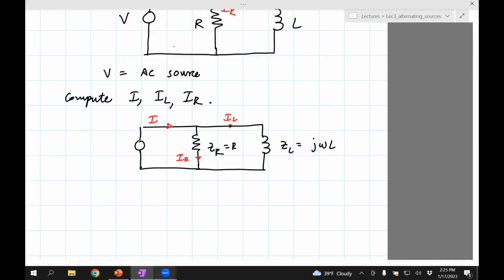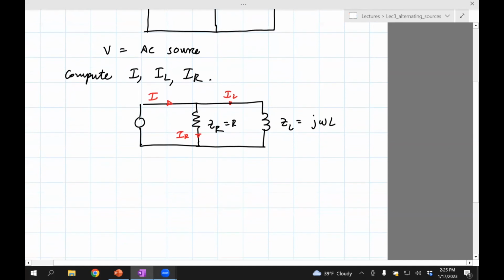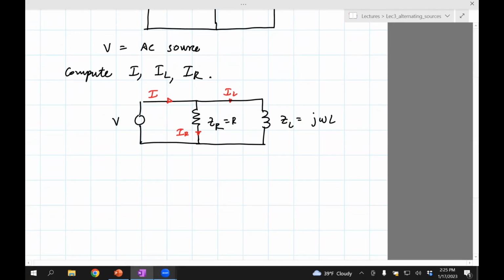Okay, now let's go on to compute these values. In order to compute I, we'll try to combine this impedance with this impedance. The way we do it is we think of what circuit this looks like which has only resistors. This looks like a circuit involving two resistors in parallel.